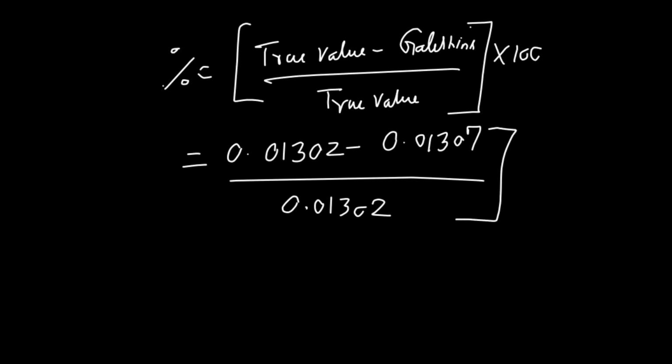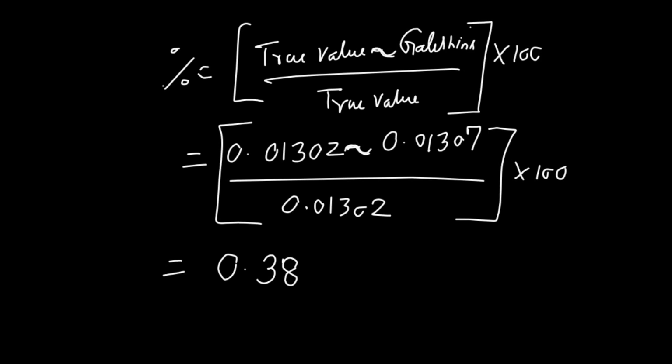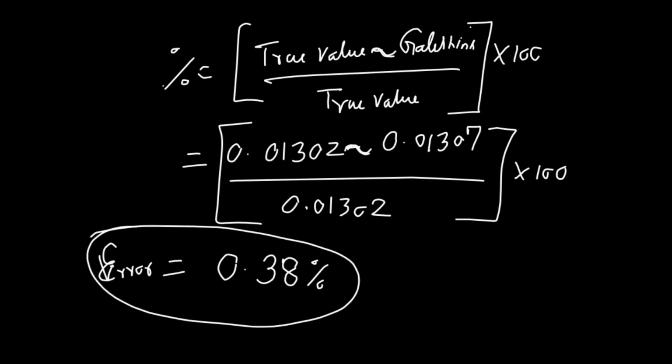You don't have to bother about the negative sign because all we are interested in finding out is the difference between the true value and the Galerkin's value. So if you solve this, you will be getting 0.37. So approximately it is 0.38%. So the error at the center of the beam by using Galerkin's method is 0.38%.